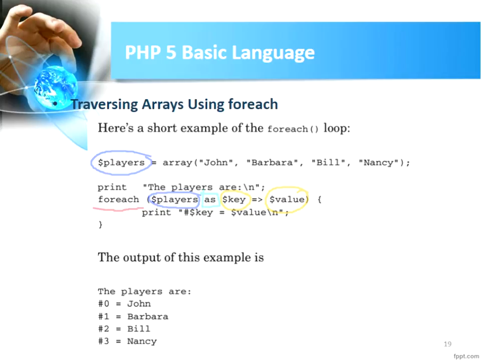After that, in my example here, I use 2 variables, key and value: $key => $value. After that, I write print $key equal $value. The result of this loop gives us 0 John, 1 Barbara, 2 Bill, 3 Nancy. Is it clear? Any questions about the foreach loop?